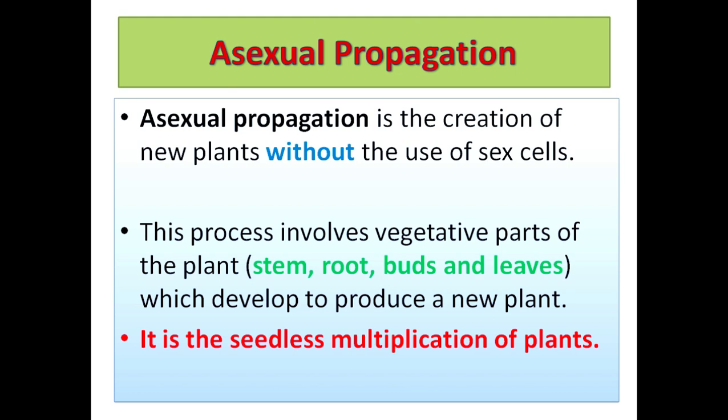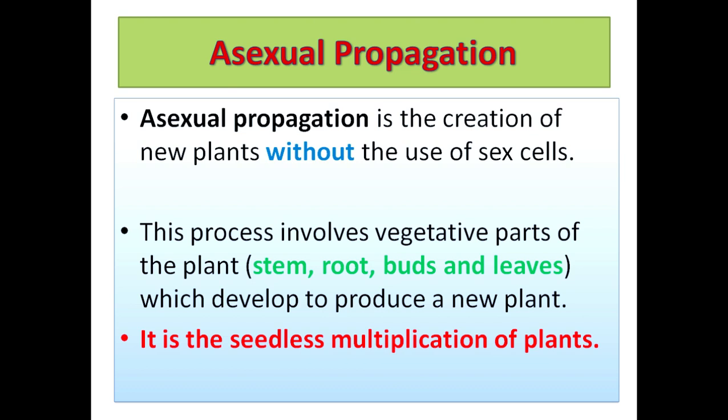So the vegetative parts of the plant are stem, root, buds, and leaves, which develop to produce a new plant. I'll explain later how the plant uses the stem, the root, the buds, and leaves to produce a new plant.